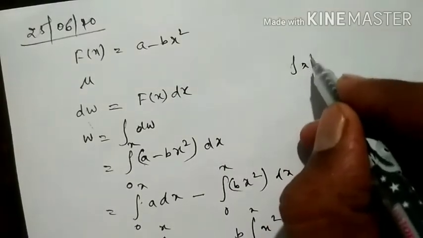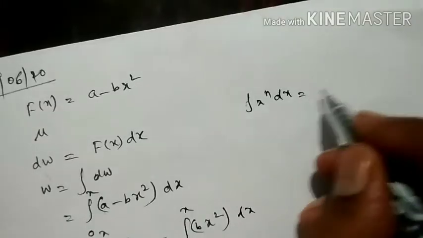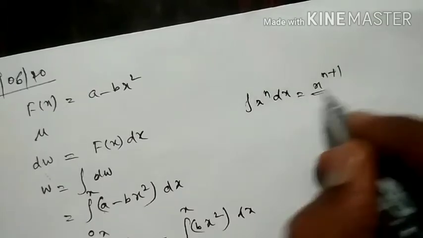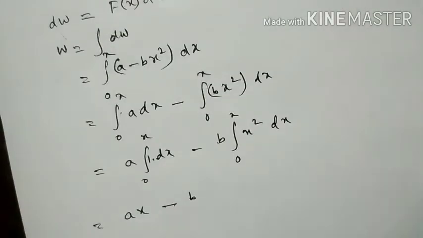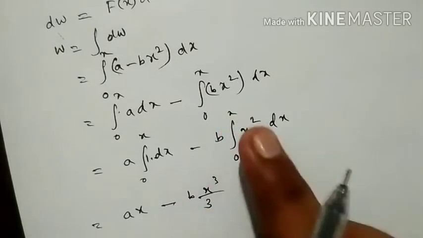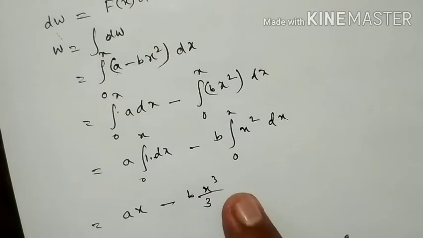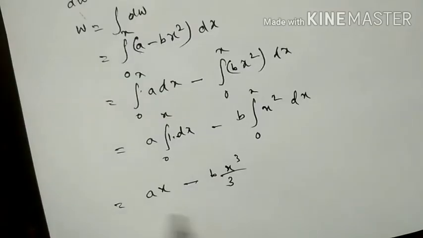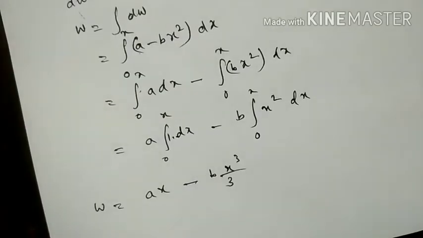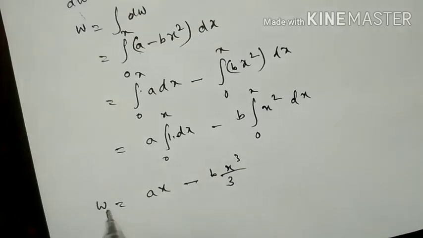You can write integral of x to the power of n dx is equal to x to the power of n plus 1 by n plus 1. So here 2 plus 1 is 3, divided by 2 plus 1, 3. As the limits are given, we should not take a constant of integration. So this is the work done by the applied force.